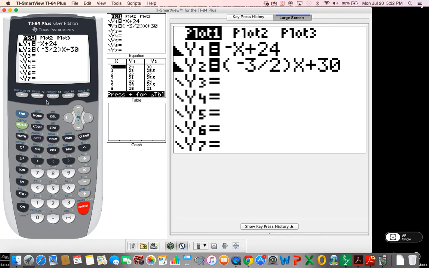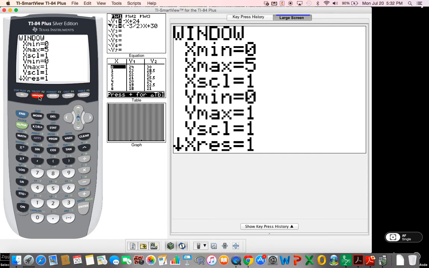Now we've got to get our window looking right. So I said before, when I looked at my graph, I wanted my x's to run out to about 24. No need to look at negative numbers. And I wanted my y's to run to about 30. Now I've got the window set up correctly to get a picture that helps me work the problem.